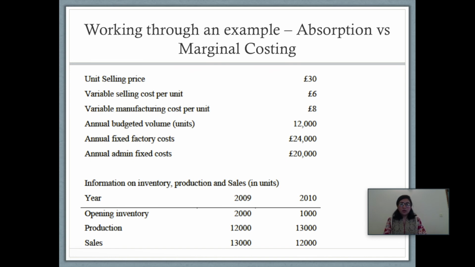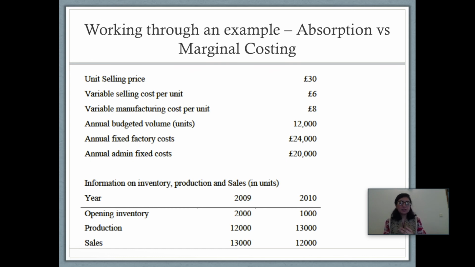So I'm going to summarize what we've done today. The key takeaways from today's lecture were the key terms that are used in management accounting, how to calculate overhead absorption rate, what are actually overheads, what is a cost matrix, the graphical representation of costs, and how to differentiate between marginal costing and absorption costing.